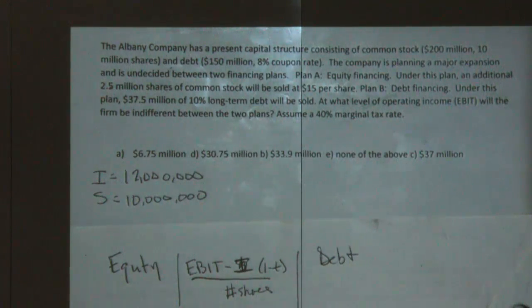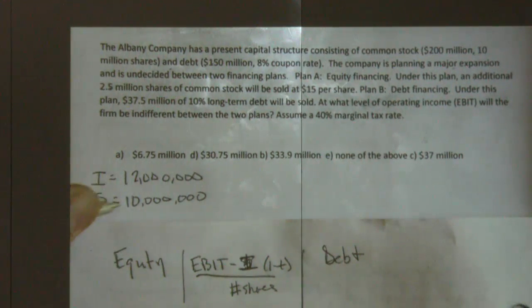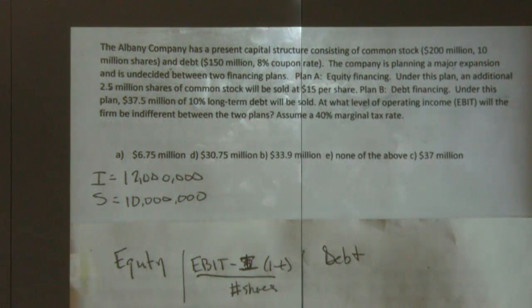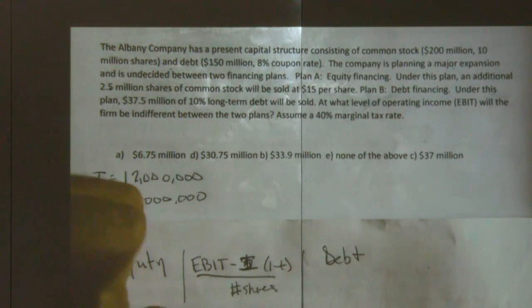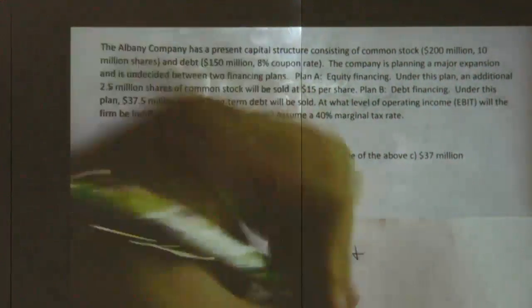So we're adding 2.5 million to our number of shares to get us to a total of 12,500,000. And since we're only doing an equity financing, there's no increase to debt or to interest. So we keep our interest the same at 12 million. This is for the equity, and now we're going to do it with our debt.